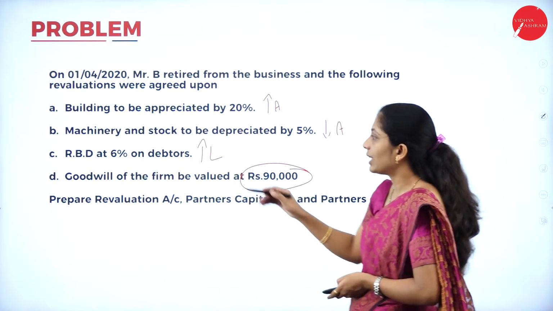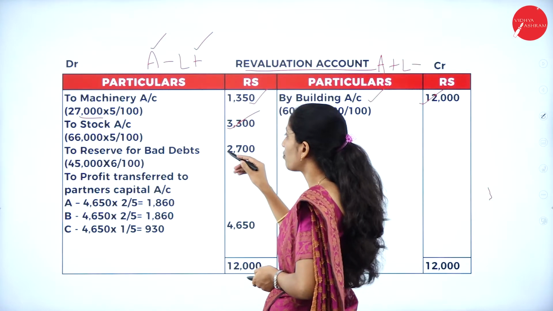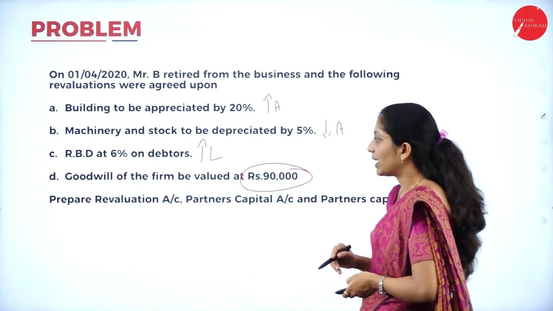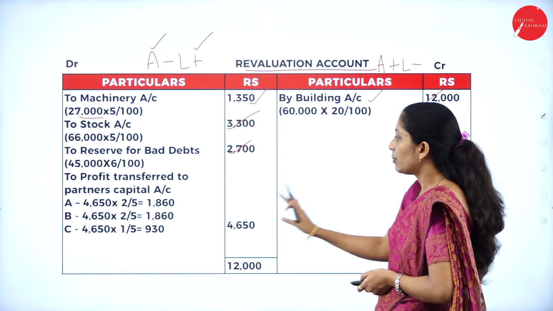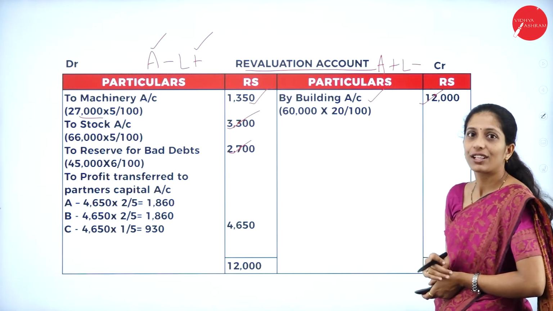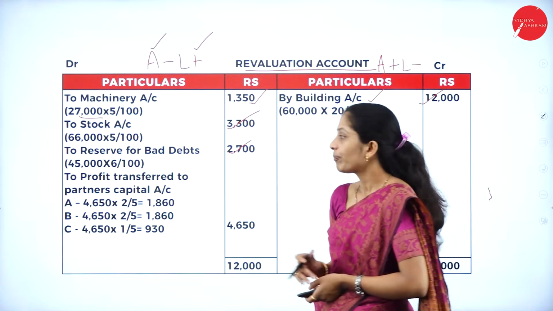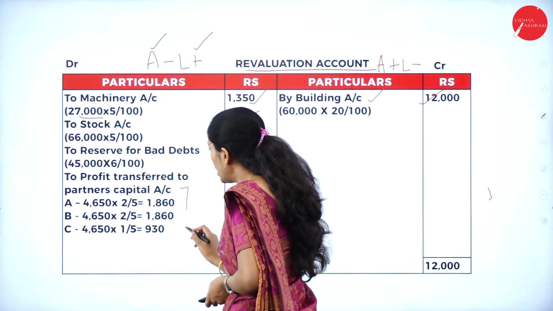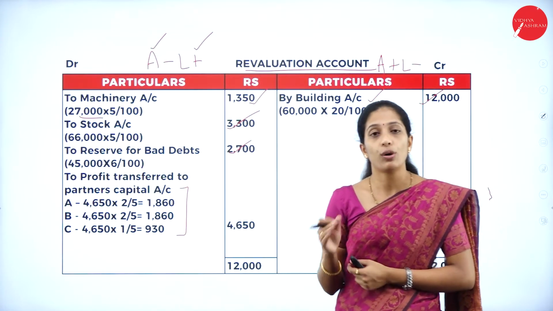Next, what they have given? Increase in liability. You will record in the debit side, that is reserve for bad debts, 2,700. Next, goodwill we will take in partners capital account. Now, we will balance both the sides and the balancing figure will be either revaluation profit or revaluation loss. Now here you have to remember, in the admission, you are going to transfer only to the old partners.